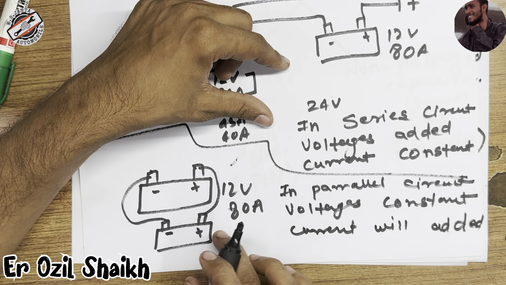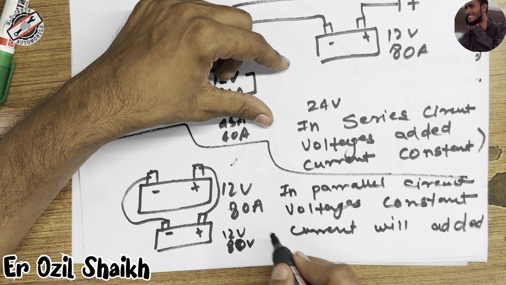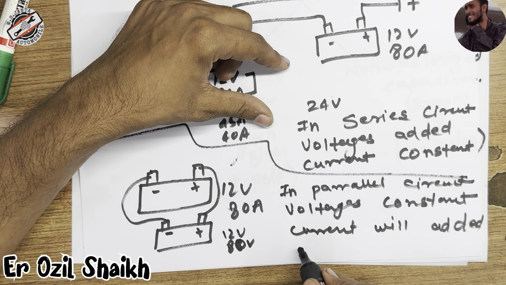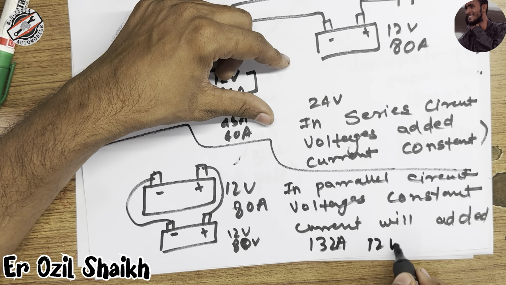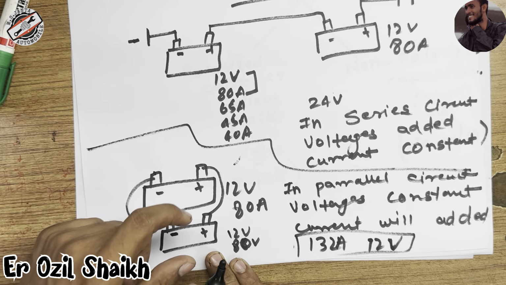If there is a current of 80 ampere, and this is also 12 volt 80 ampere, so it will add up, and we get 12 volt with the combined ampere if you connect like this.